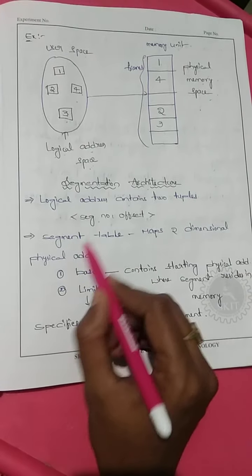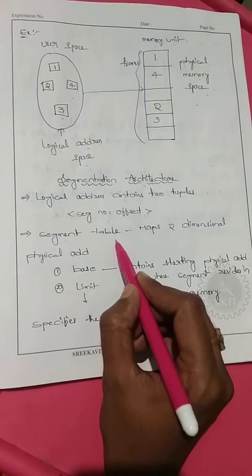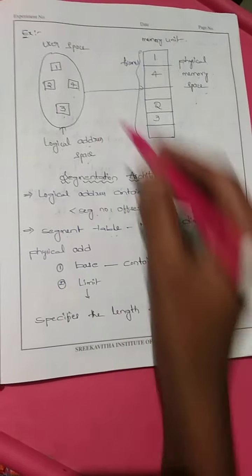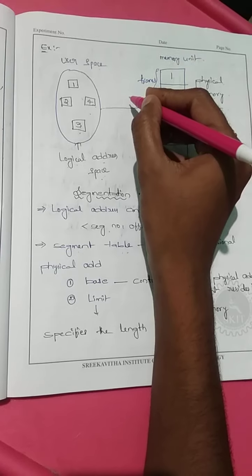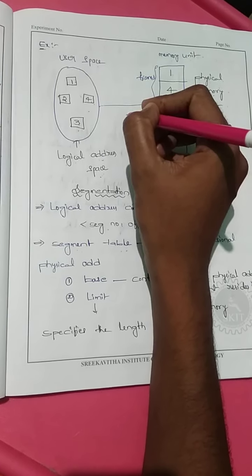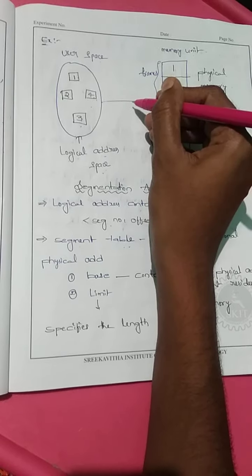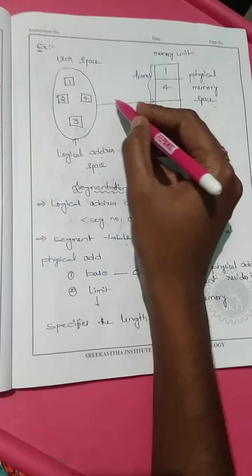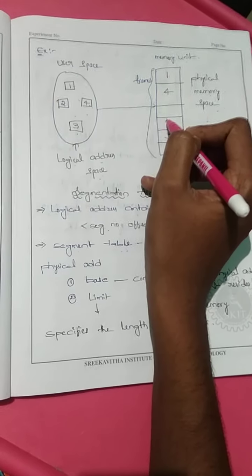The segmentation architecture also contains the segment table, which is placed between the user program and physical memory, along with the memory management unit. You already know about memory management, paging and swapping from the previous lectures. So the segment table is placed between the user space and the memory unit.